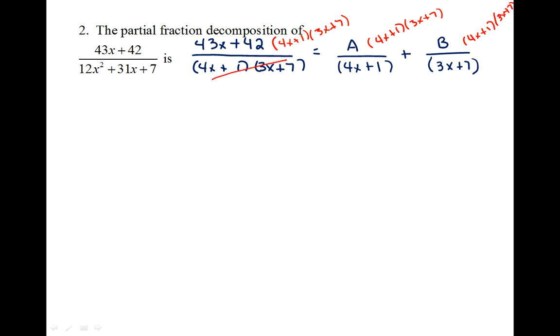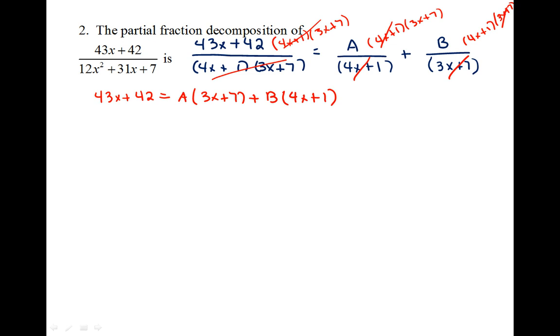Okay, so this goes away. I'm left with 43x plus 42 is equal to a times 3x plus 7 plus b times 4x plus 1.